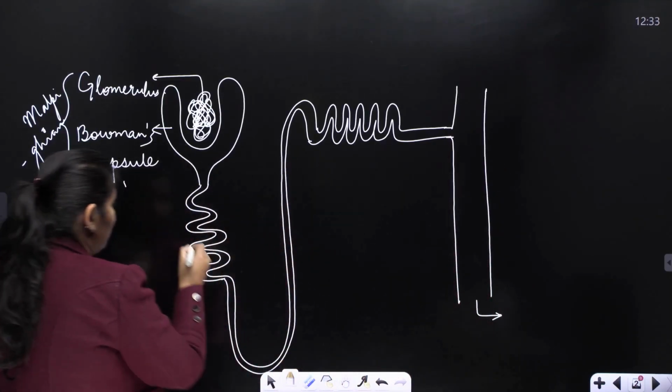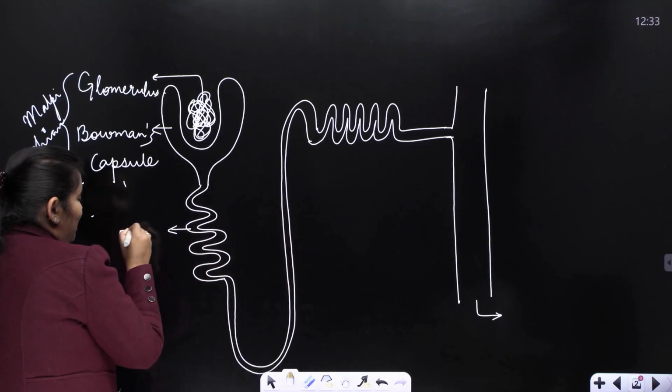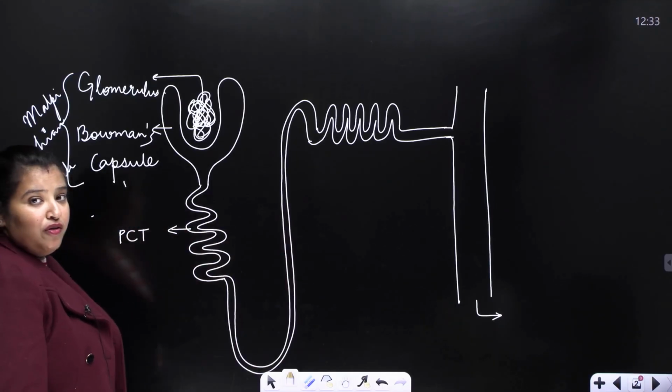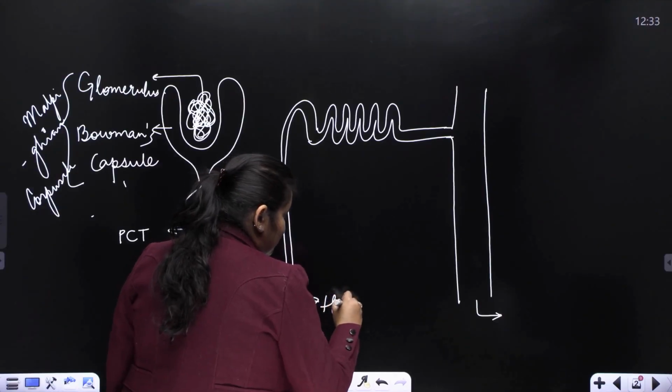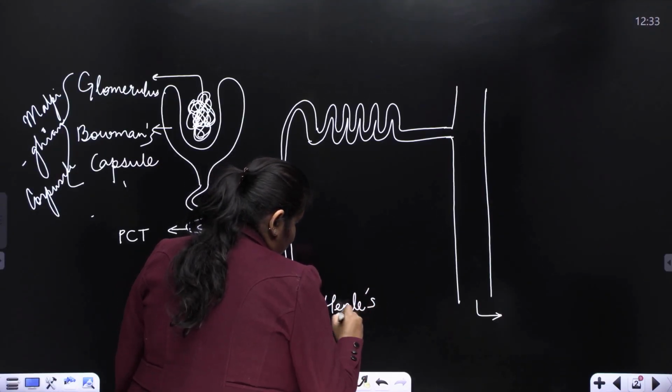All right. So this part is the PCT, the proximal convoluted tubule. This U-shaped part is the Henle's loop.